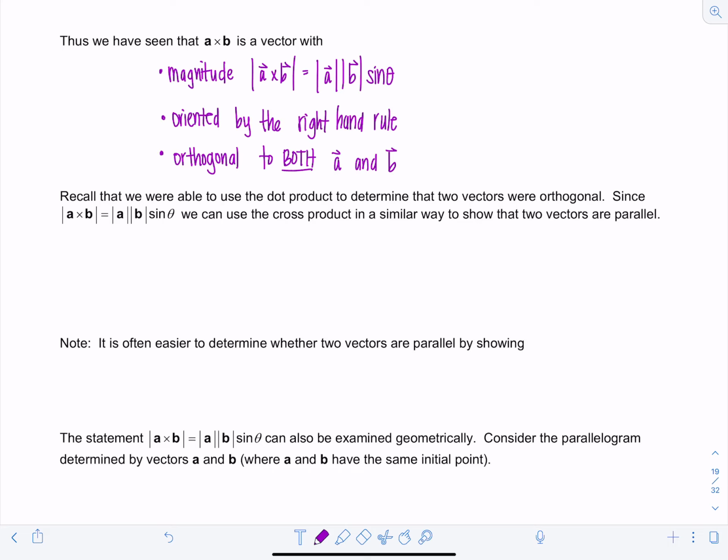So if the two vectors are parallel, then that means the angle between them is either 0 or pi, right? And in that case, sine of 0 and sine of pi are both 0. So that would mean if the magnitude of A cross B is 0, then the vectors are parallel.